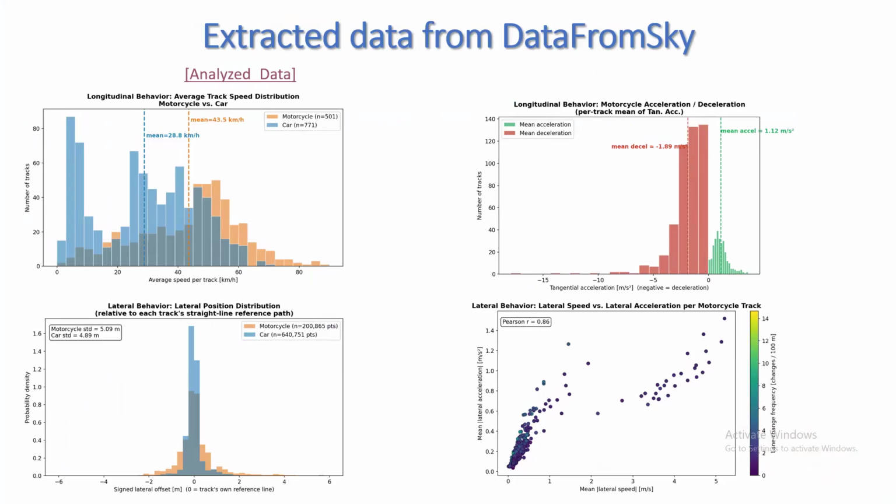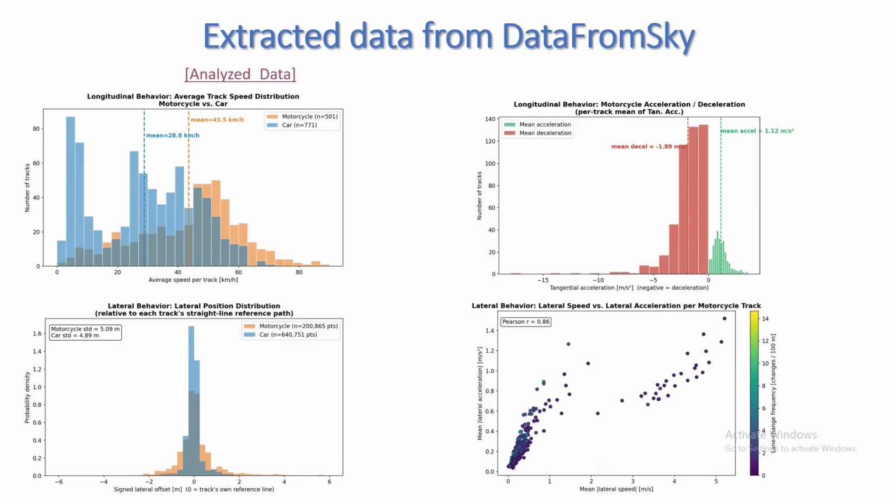for motorcycle versus car. We can see that the mean average speed of motorcycle is 43.5 kilometer per hour, but for car it is 28.8 kilometer per hour. And we can also see the number of motorcycles and cars observed during the observation period.